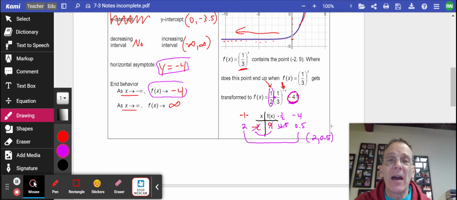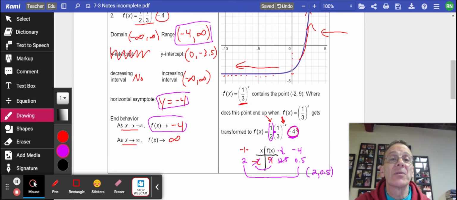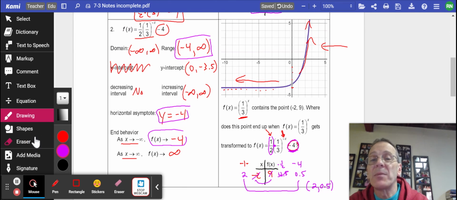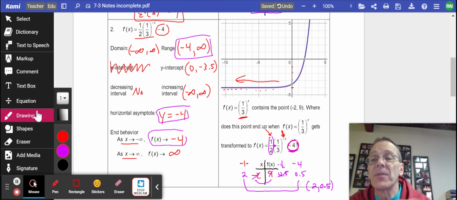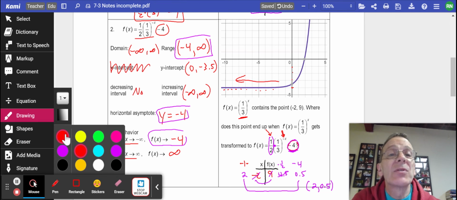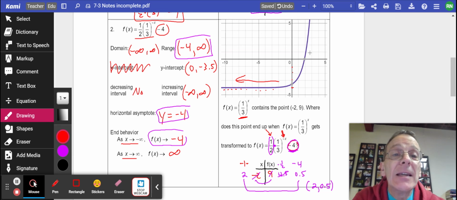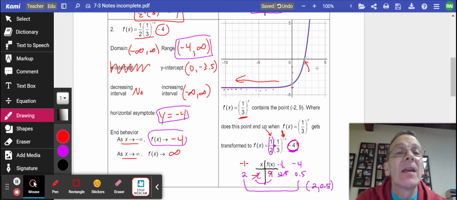And if we look at the graph, it should look like there is a point at 2, 0.5. Just cleaning up the graph there. 2, 0.5. Yeah, that's what it looks like to me. I mean, you see this gray point right there? That doesn't look like it is quite at x equals 2.